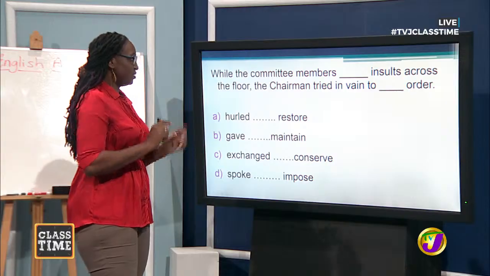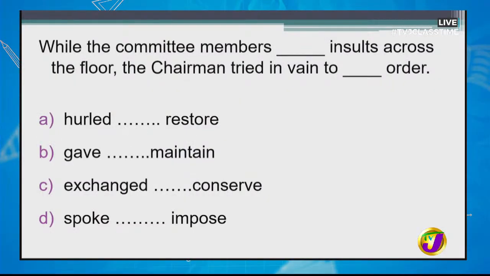While the committee members blank insults across the floor, the chairman tried in vain to blank order. So you're looking for two words now. So which pair best fits? Hurled and restore, gave and maintain, exchanged and conserve, or spoke and impose.